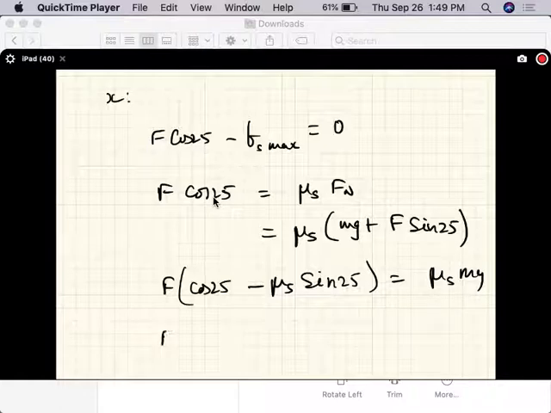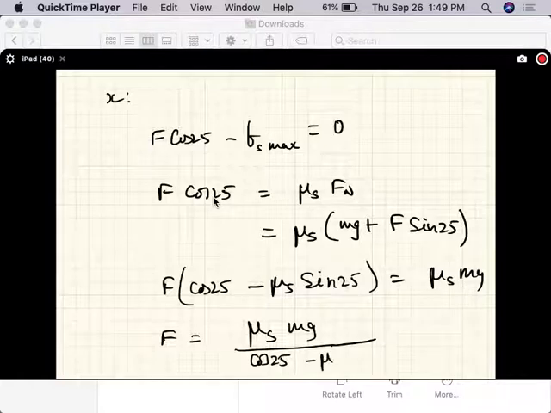Okay, so F is mu s times... okay, that is the force that you need to apply to get the block moving.